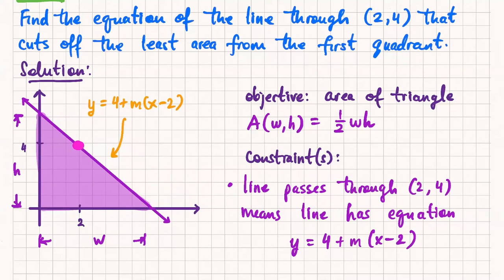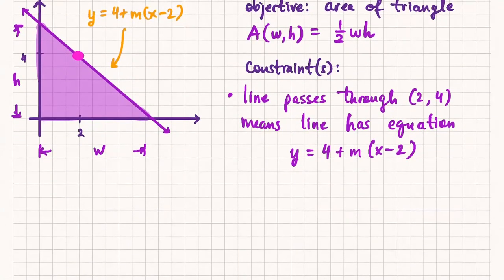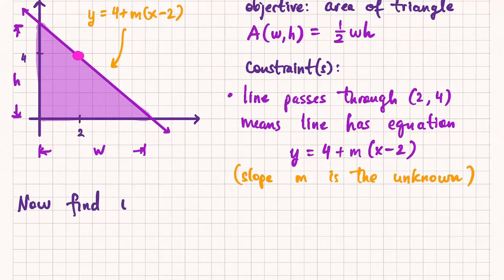Okay. So I'm going to note that the slope m is the unknown. Okay, so now let's get w and h. Let's solve for w and h. So now find w and h in terms of m.